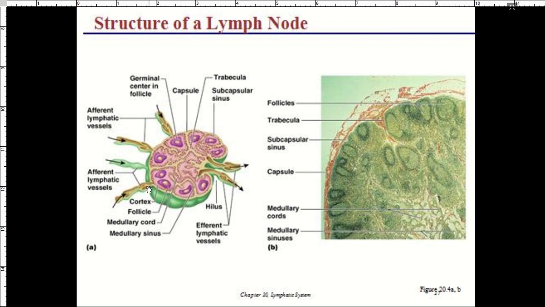And then the lymph will leave the lymph node via the hilum, through the efferent lymphatic vessel. Usually, you have one efferent lymphatic vessel, but you have several afferent lymphatic vessels, right?